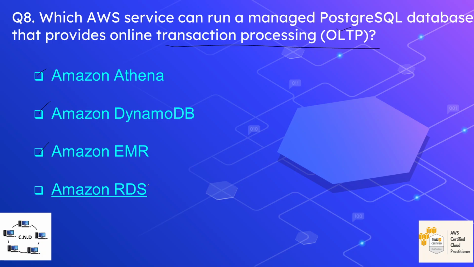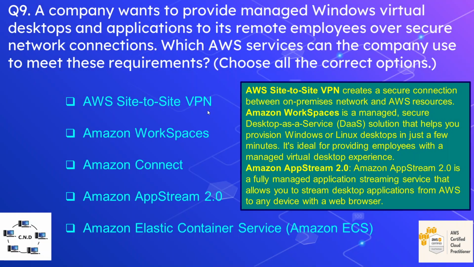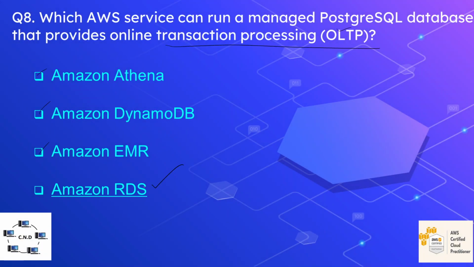And the correct option is Amazon RDS, Relational Database Service. Amazon RDS is the service that can be used for a managed PostgreSQL database that also supports online transaction processing.